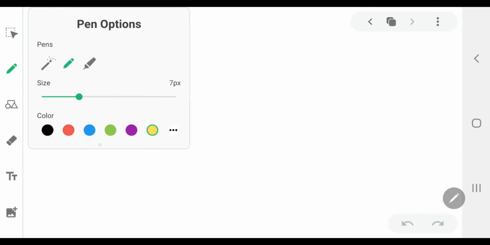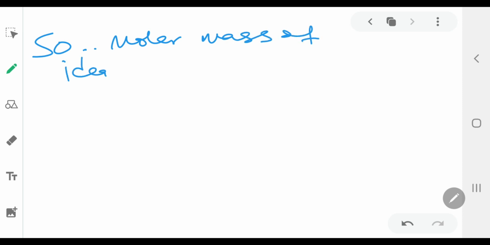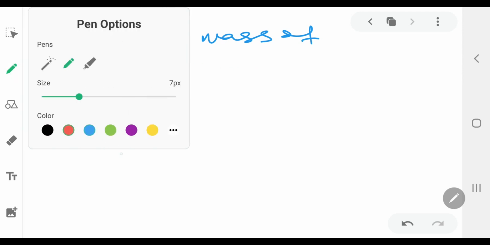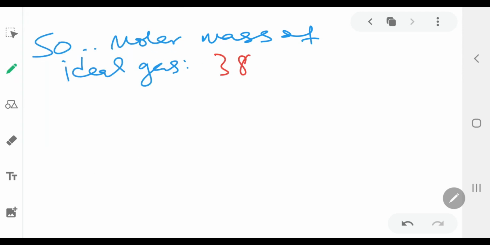The molar mass of the ideal gas is 38.12 gram per mole. The second question asks you to figure out what the diatomic gas is.